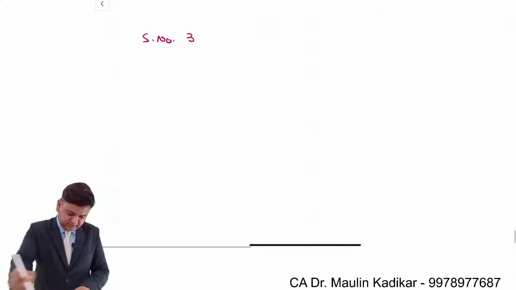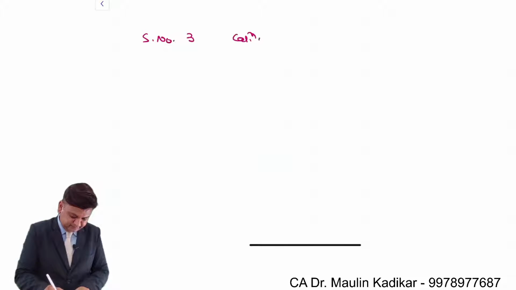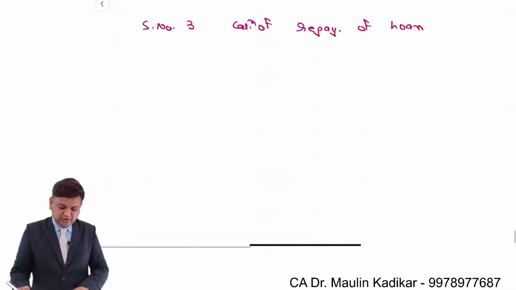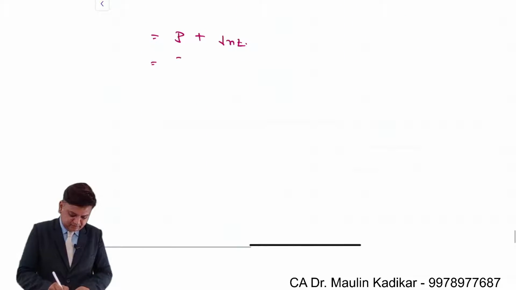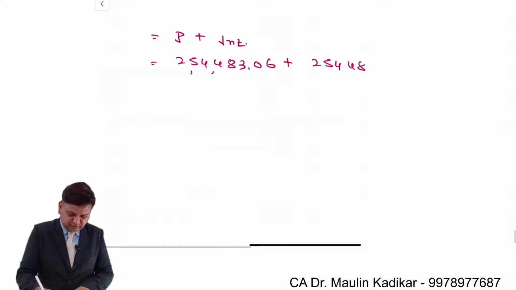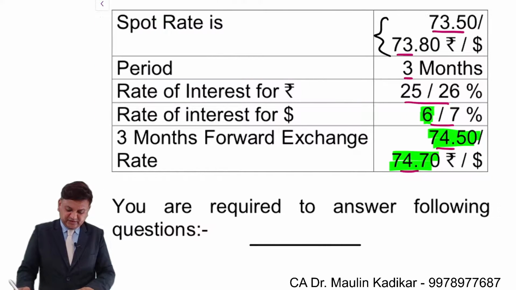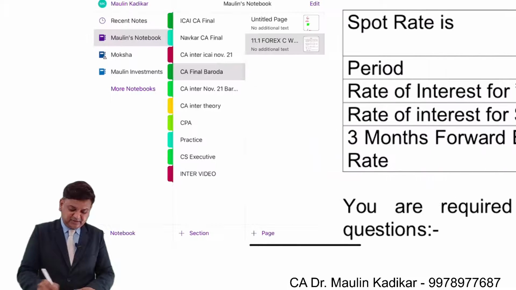So step number 3, calculation of repayment of loan. The repayment of the loan is very simple: principal plus interest. The principal amount is 254,483.06 plus 254,483.06 into, now what is the rate of interest for borrowing rupee currency? 25%, and the time period is 3 months.